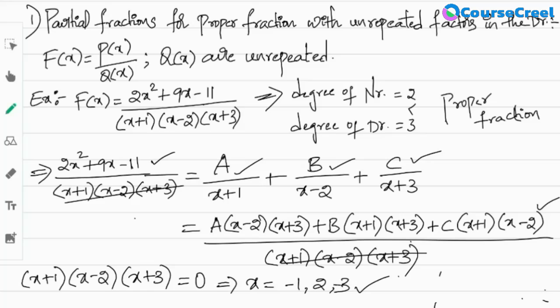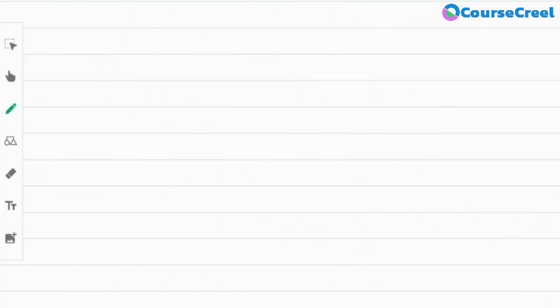Now we need to substitute these roots of the denominator in the obtained expression. I will rewrite this for your clarity. So we are left with the expression 2x square plus 9x minus 11 is equal to a into x minus 2 into x plus 3 plus b into x plus 1 into x plus 3 plus c into x plus 1 into x minus 2.